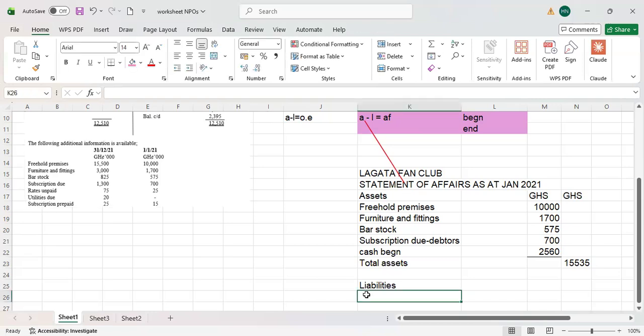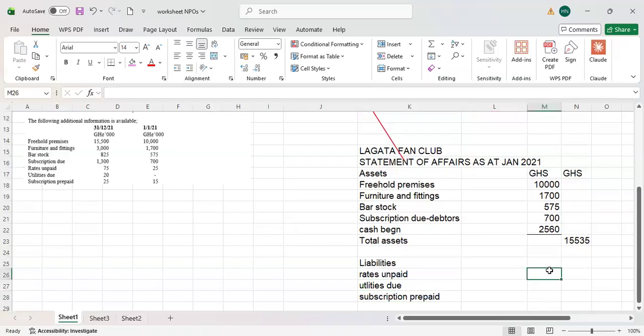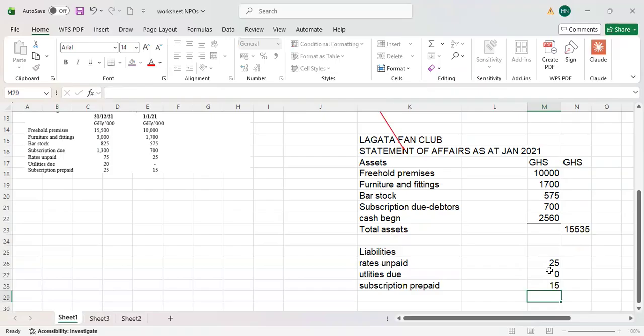So I'm going to show my rates unpaid, my utilities due, then my subscription prepaid. So rate unpaid at the beginning is 25. Utilities, there was nothing, so you can take that out or just put a dash there. Okay, so my liabilities is 40.